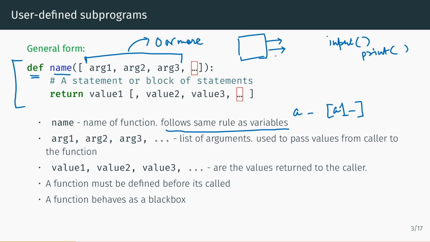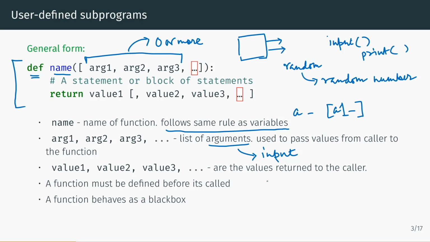Can you think of an example? An example is random, the random that we used. It does not take any arguments, but it gives you a random number. The number of arguments can be 0 or more, and arguments essentially means input. It's a fancy name for input.